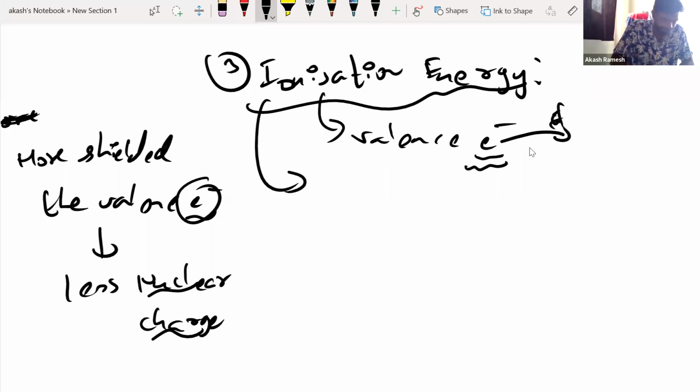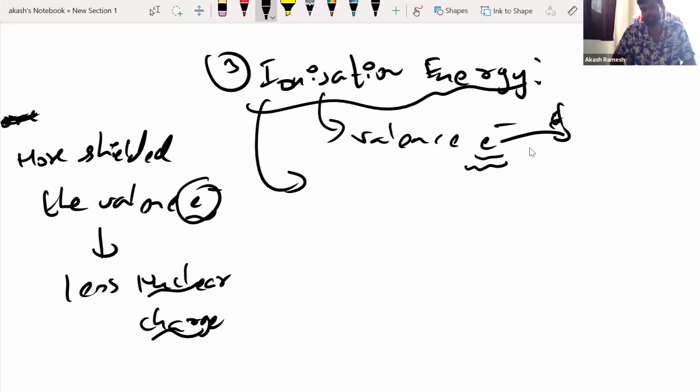It is the energy required to overcome the nuclear force of attraction and remove a valence electron.